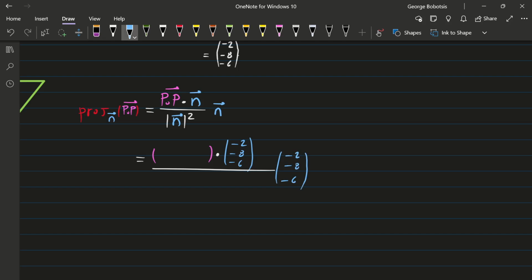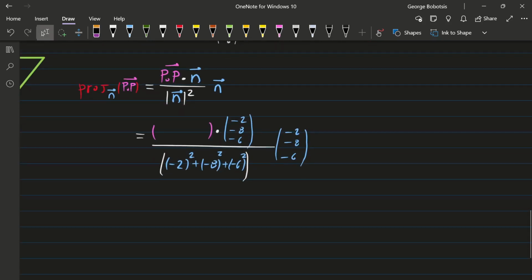Nice. And then we have underneath the size squared. So no square roots again. Just take the components of n and add their squares together. Like this. P naught P is -2, 2, and 3.